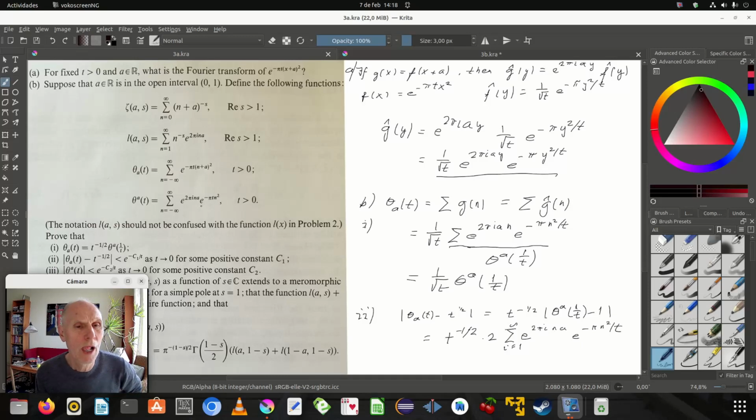Well, when I sum, there is a point where n equals 1. Let's just take a look at that.